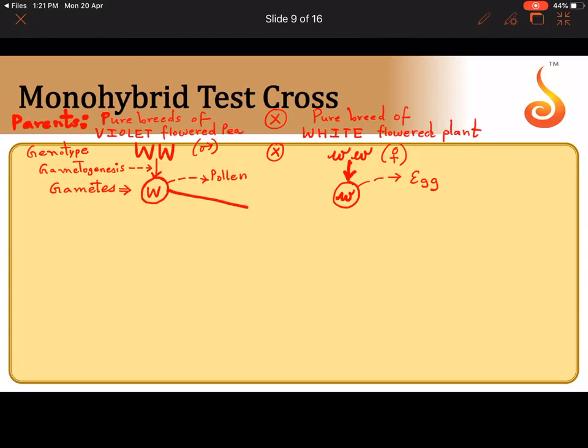Alright, now this pollen will fuse with this egg. The male gamete in the pollen will fuse with this egg during fertilization or fusion. The resulting plant will be capital W, small w. Now if you grow this plant, all the plants will bear violet flowers. So it will become a violet flowered pea plant.